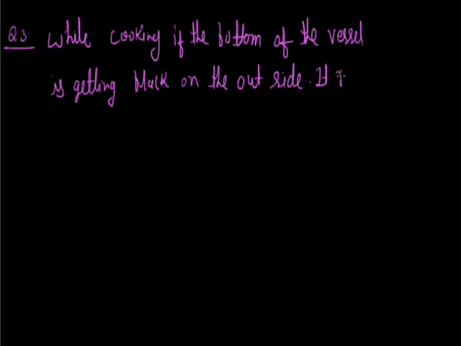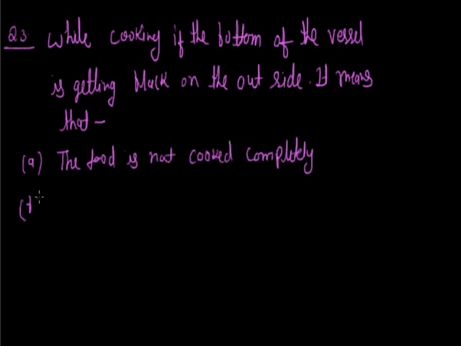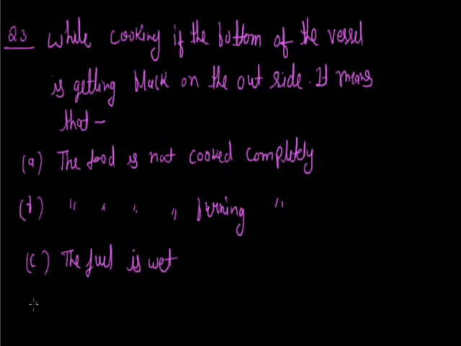It means that option A, the food is not cooked completely. Option B is the fuel is not burning completely. Option C is the fuel is bad. And option D is the fuel is burning completely.